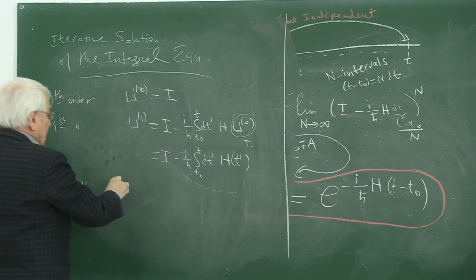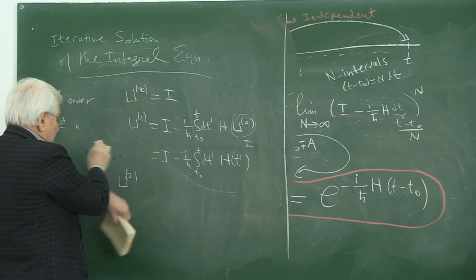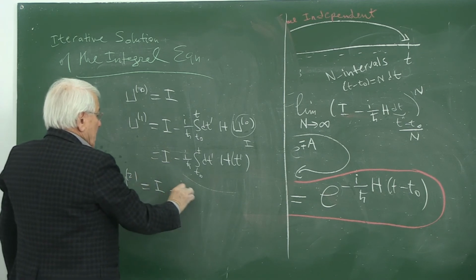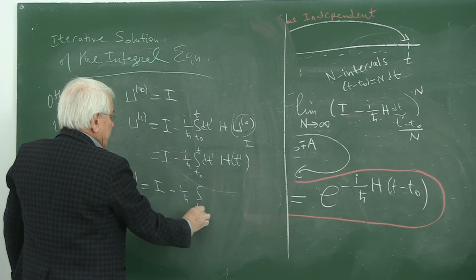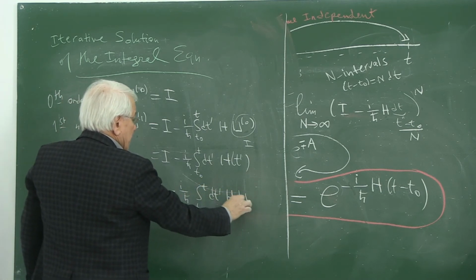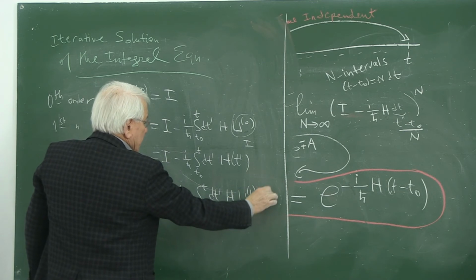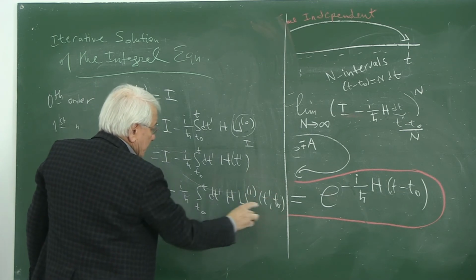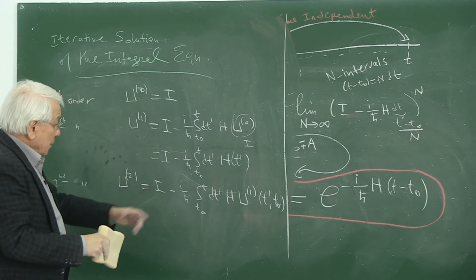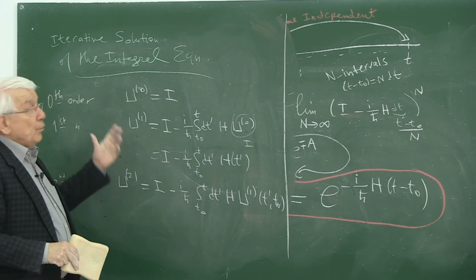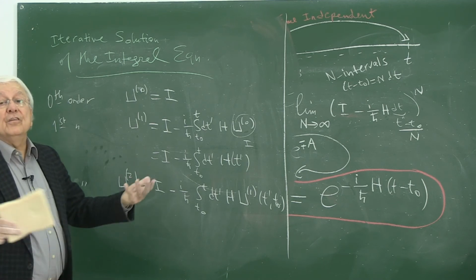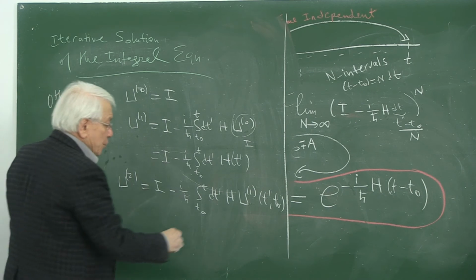Second order will be U2 is 1 minus i over ħ integral t0 to t dt prime H, the first order, U1(t prime, t0). I inserted the first order from the right to get the second order. I hope you understand the basic philosophy of this iteration method or recursive method, whichever terminology you like.